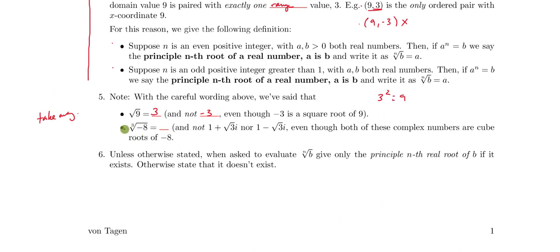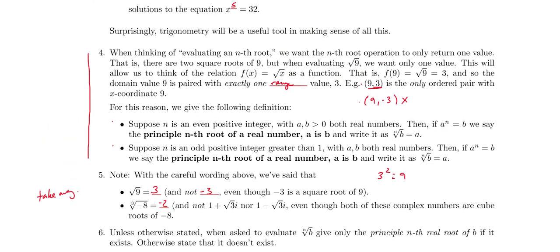So here I'm using the principal cube root, and that needs to be a real number, and so the only real number that makes that true in this case would be negative 2, and that would be the only solution we give to it, even though there are 2 other cube roots to the number negative 8.